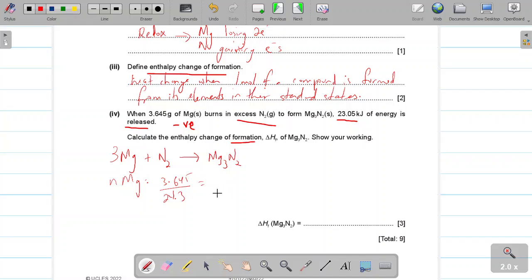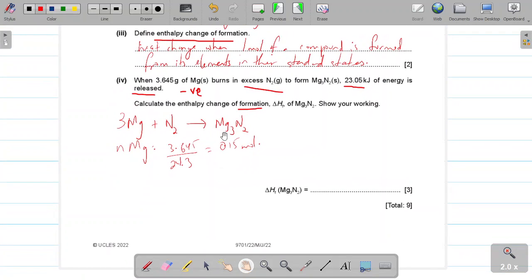And this should give us 0.15 moles. So from this, our mole ratio of magnesium to magnesium nitride is 3 to 1. Therefore, the number of moles of magnesium nitride that we form will be 0.15 divided by 3, which is 0.05 moles.